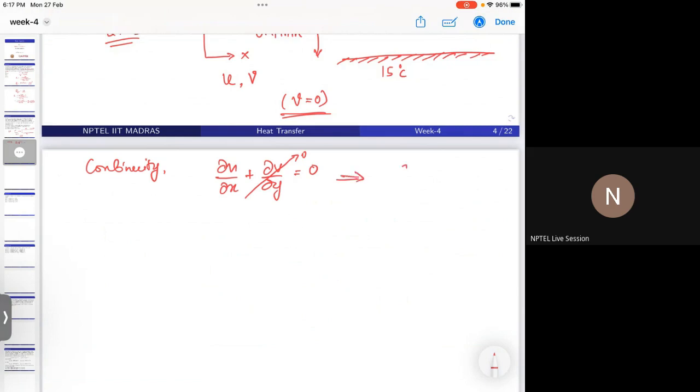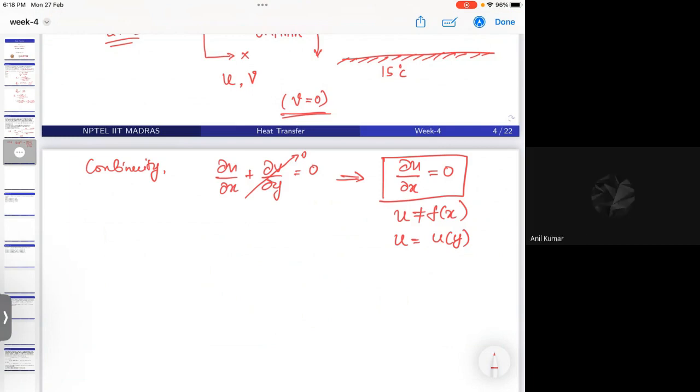So what we get is dou u by dou x is equal to 0, which means u is not a function of x. So u is a function of y only. Okay, so this is the information we get from the continuity equation. Am I right?